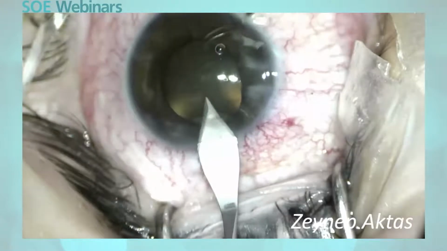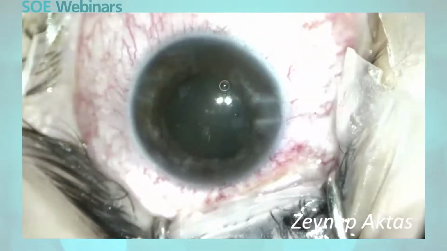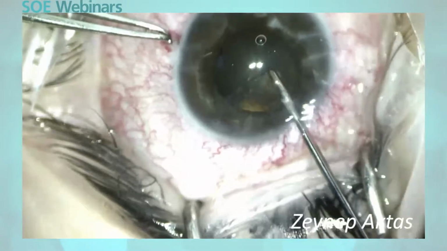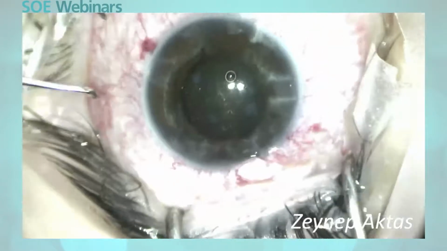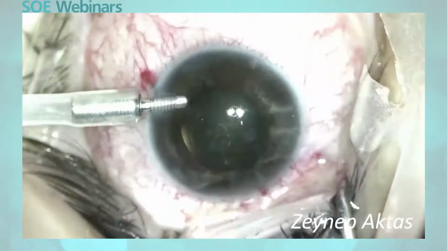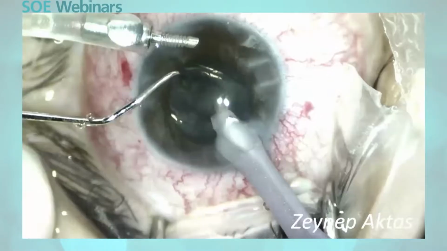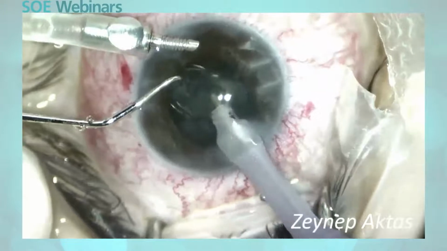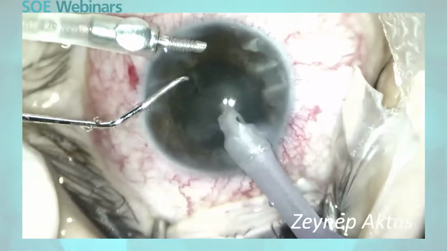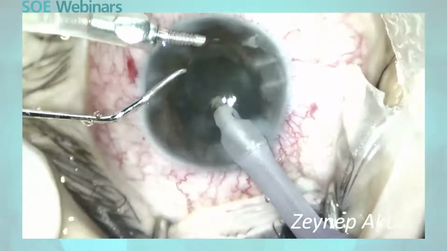Since the patient has recurrent angle closure attacks, short axial length, together with uncontrolled intraocular pressure, cataract extraction was done here in this case. And we are trying to maintain the anterior chamber in this high-risk case and taking the lens out.